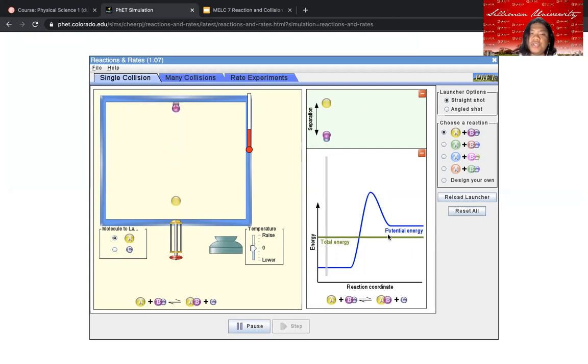So the collision here is happening, but look, observe the gray line. It's not moving forward after the transition state, meaning to say the activation energy that we provided here was not sufficient for a reaction to happen.